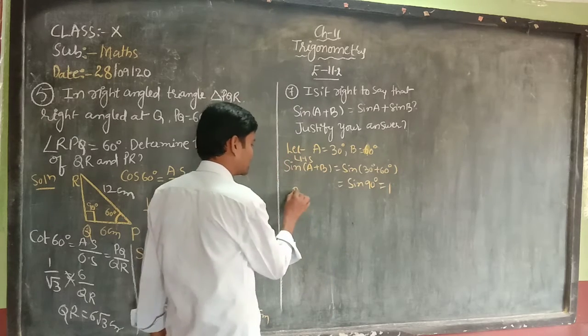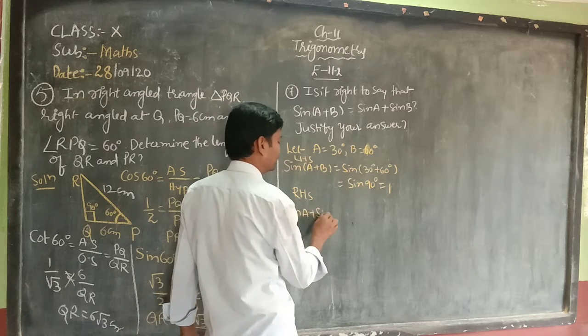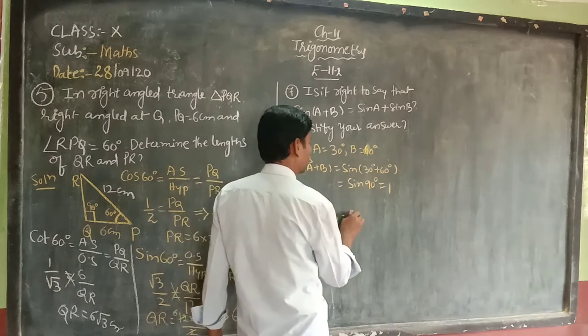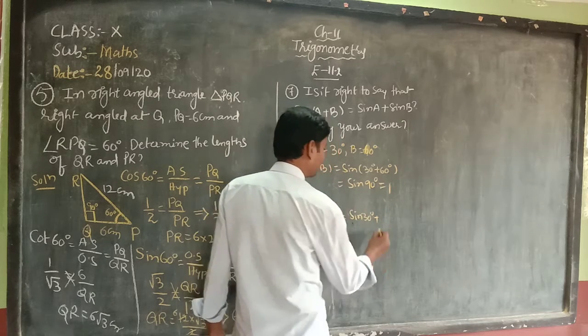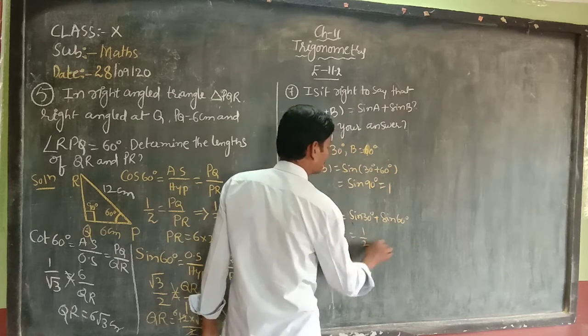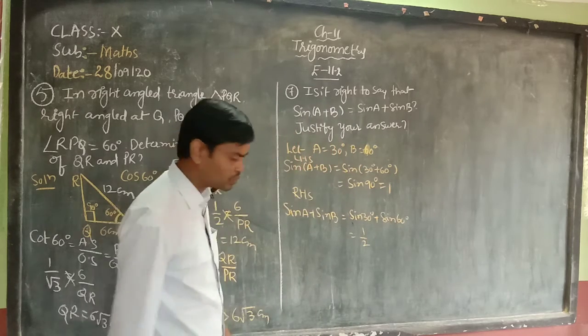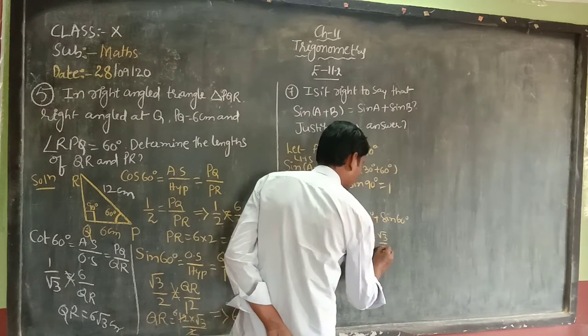Let us see the RHS. Sin a plus sin b. So sin a means what we have taken? 30 degrees. Plus b means what we have taken? 60 degrees. Sin 30 is how much? 1 by 2. Plus sin 60 is how much? Root 3 by 2.